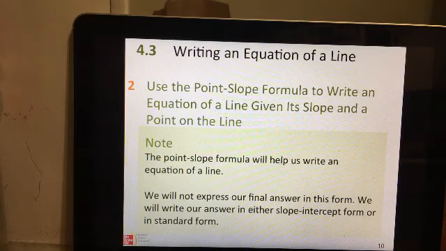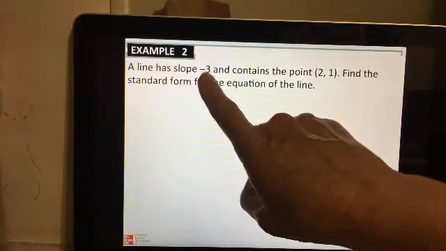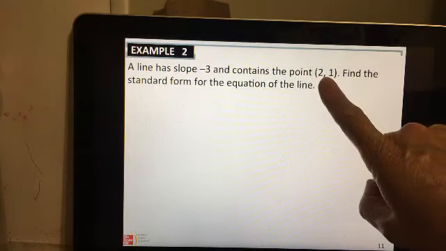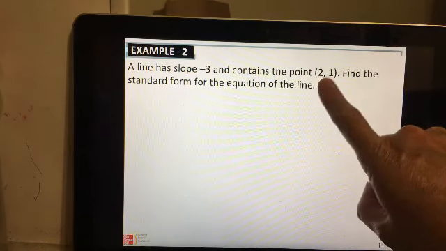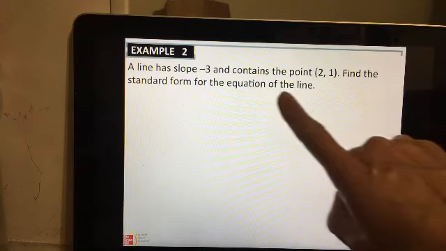Remember, I told you in class that you want to make sure that you know how to turn all of your equations around into another form so that you don't lose any points on the test, right? We have to be looking for what they tell us to put it in. Now notice what they put here. A line has a slope of -3 and contains a particular point, (2, 1). Find the standard form for the equation of the line.